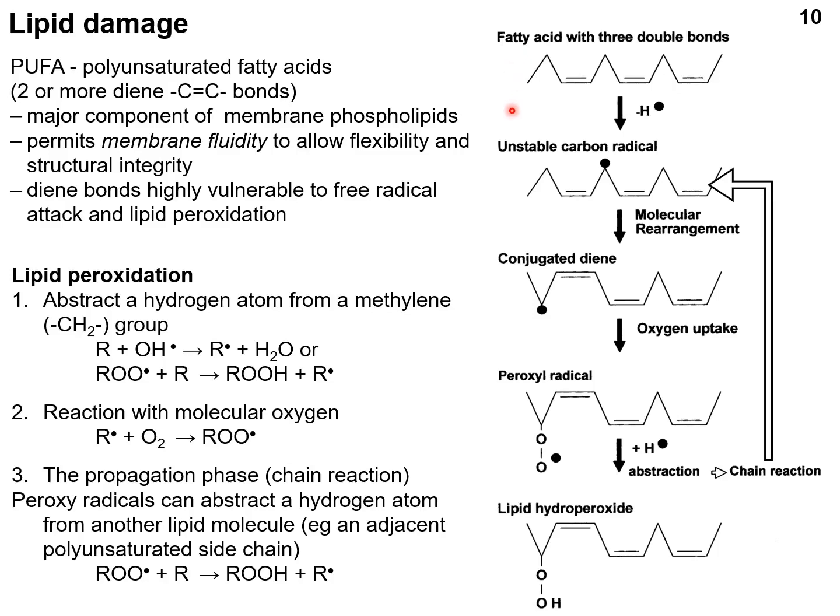We have the abstraction of a hydrogen by hydroxy radicals. This leads to an unstable carbon radical. We can have rearrangement of the structure, still a radical. It can then bind to oxygen to form a peroxy radical. Abstraction of a hydrogen atom, and we get the formation of a lipid peroxide.